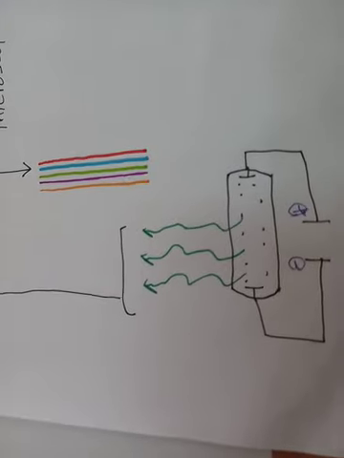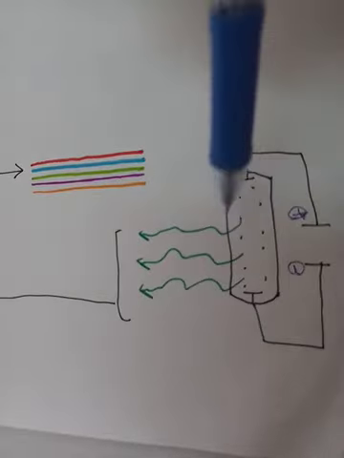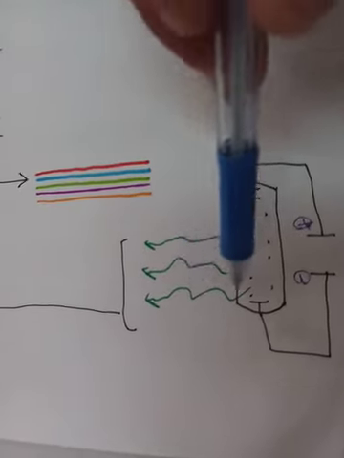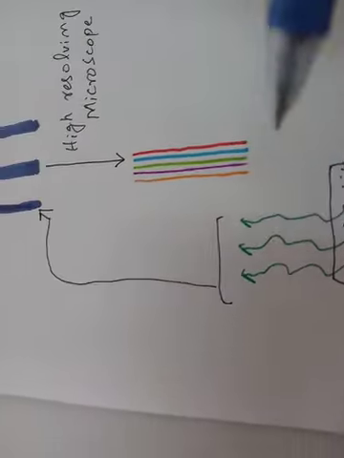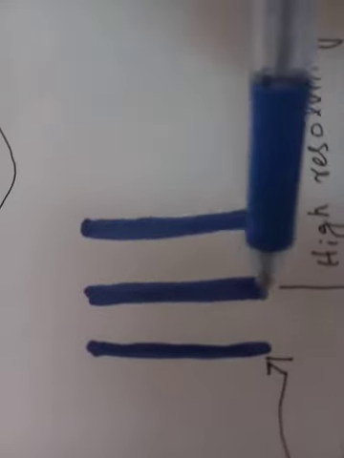While coming back from the high energy state to the low energy state, it emits light. When this emitted light was observed through a microscope, a few lines were observed. These are called spectral lines or spectrum.